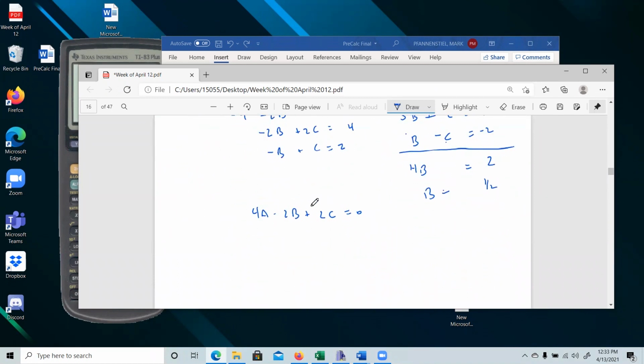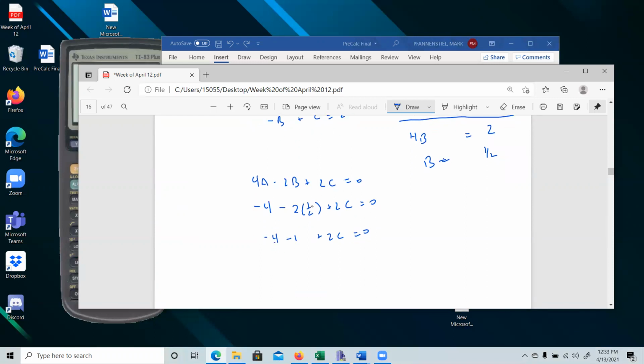We sure did. So we have negative 4 minus 2 times a half plus 2c is equal to 0. So minus 4 minus 1. Negative $4 in debt, you spend another $1, now you're $5 in debt. So 2c is equal to 5. C is equal to 5 halves.